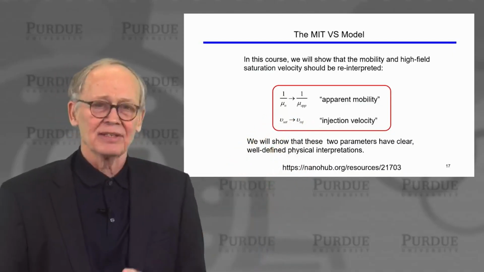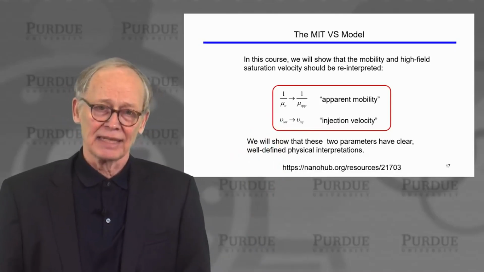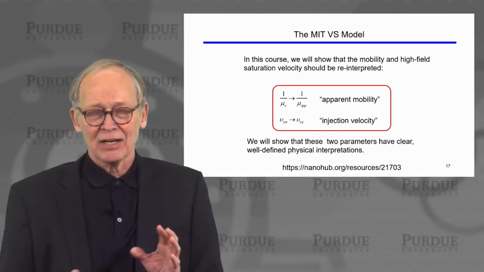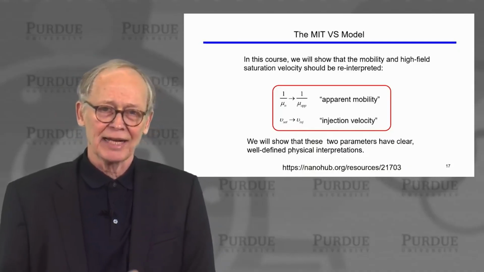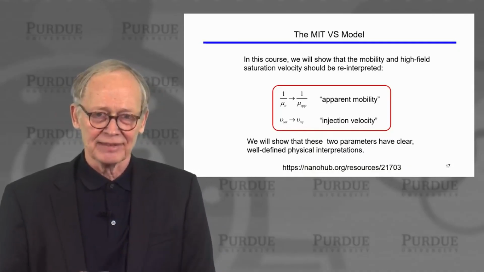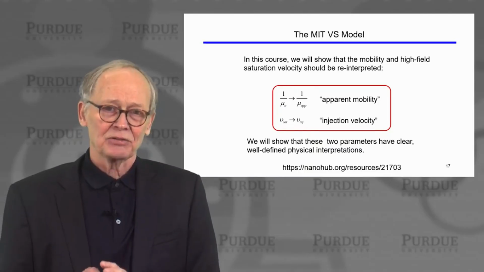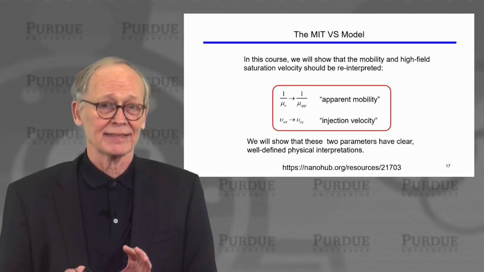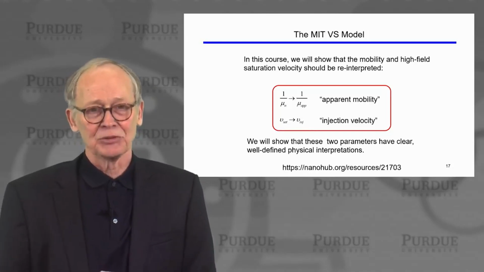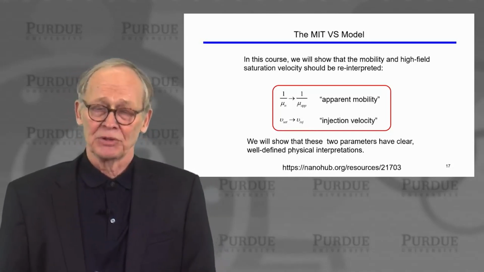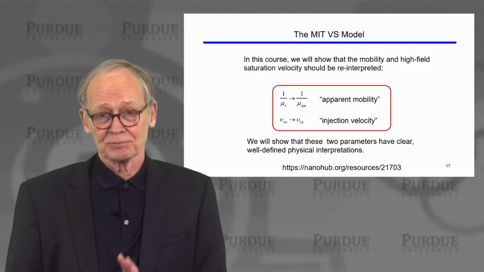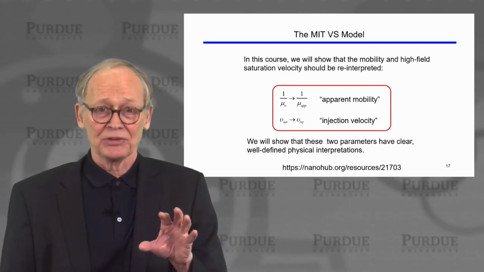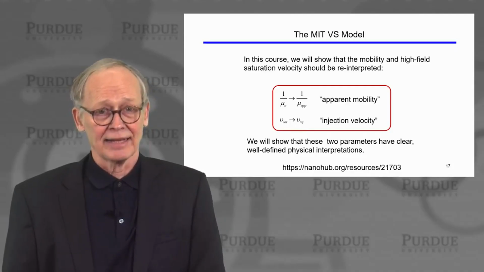And we have to replace the high field saturation velocity by something that we'll call the injection velocity. Now, these are not empirical fudge factors that we just adjust to fit the data. They actually have a strong, very clear physical meaning, and we will be discussing what these parameters mean as we proceed through the course. But with those two simple changes, we can take the traditional model and we can represent modern transistors in a highly accurate way.